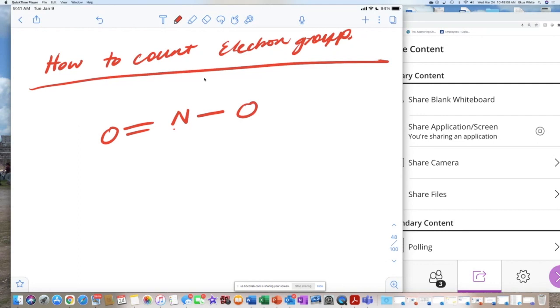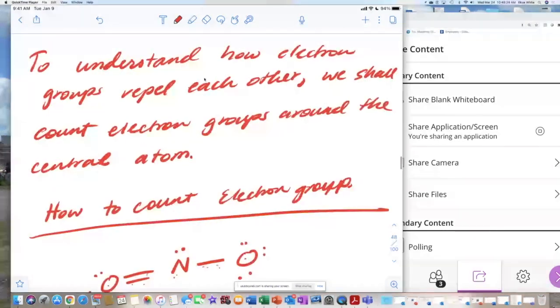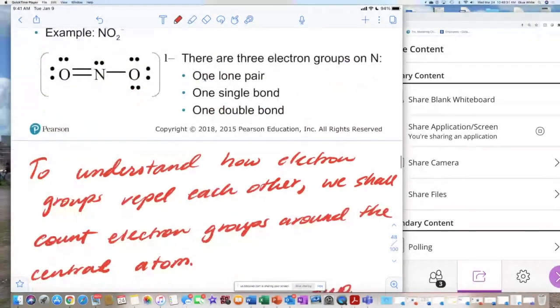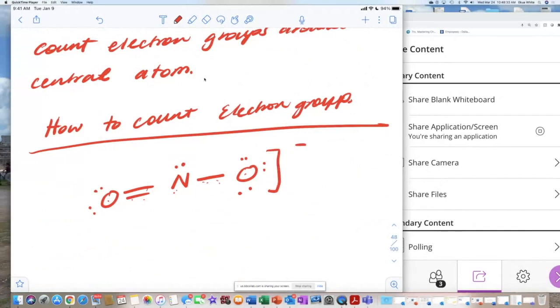Having these bonds here, this oxygen has 2 electrons. I need 6 more electrons to make an octet, so I add 1, 2, 3, 4, 5, 6. Nitrogen has 6 electrons. I need 2 more to make an octet. 1, 2. Oxygen has 4 electrons. I need 4 more to make an octet. 1, 2, 3, 4. And then this has an overall charge of negative, so I put negative here.